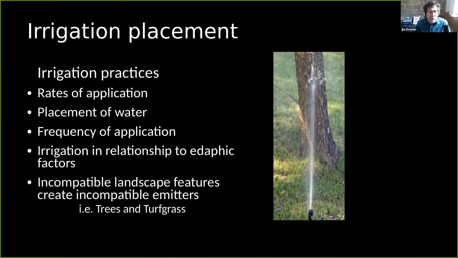With irrigation, we have to consider the rate of how much water we put out at a time, because a soil can only take in so much water at a time. So matching the infiltration rate of the soil with the precipitation rate of the emitter is a complicated thing. And I would say most landscapes don't get that very good or do it correctly.